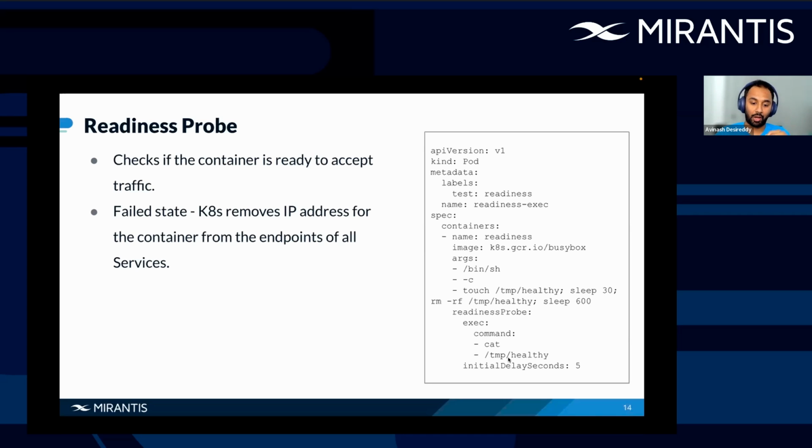The probe will wait for 5 seconds once the container is launched, and after 5 seconds it will verify if this file exists or not, using cat /tmp/healthy. If the file exists, then the pod is considered to be in ready state, and it is ready to accept requests from external connections or external endpoints.